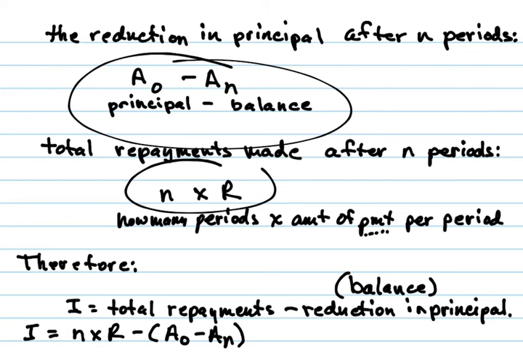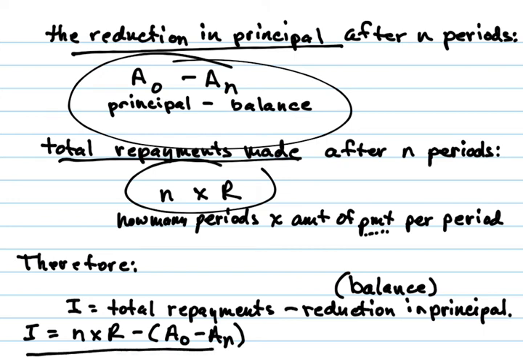So you're going to need to remember how to find the reduction in principal and how to find how much you've paid. So this formula you're going to have to memorize in order to be able to use it. Now we'll do some homework with it, and I'll remind you of them. But you're just going to have to memorize it.